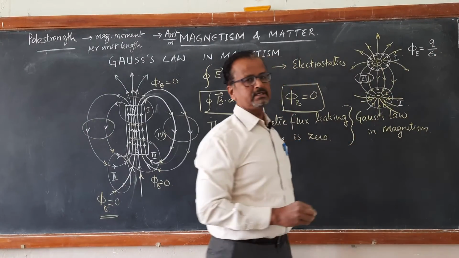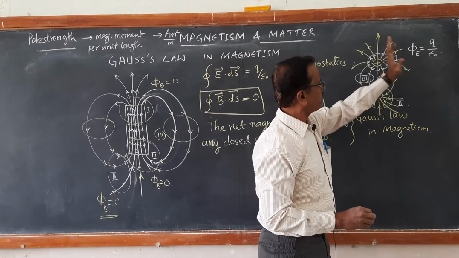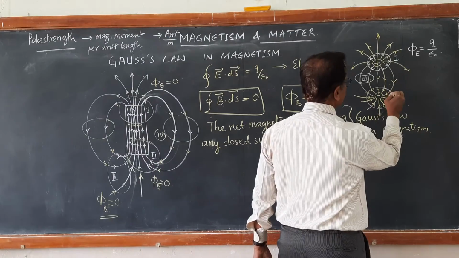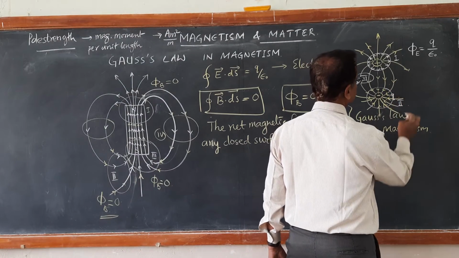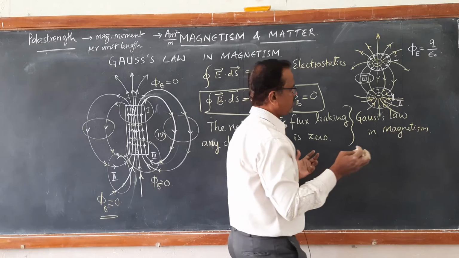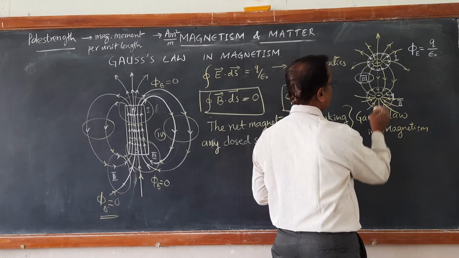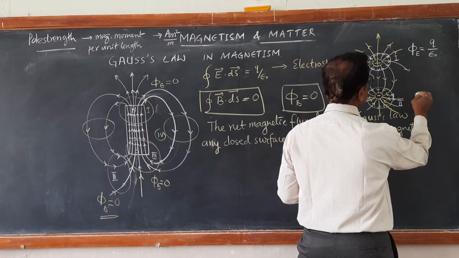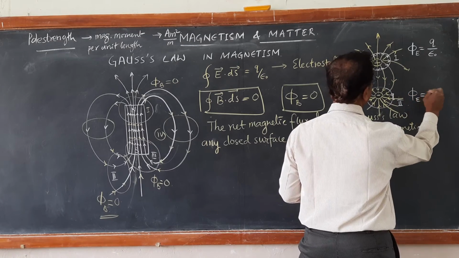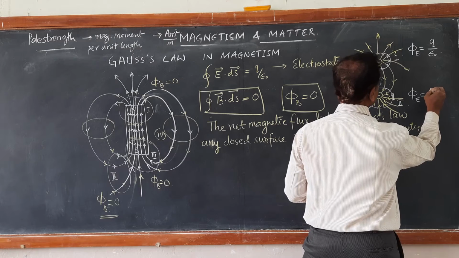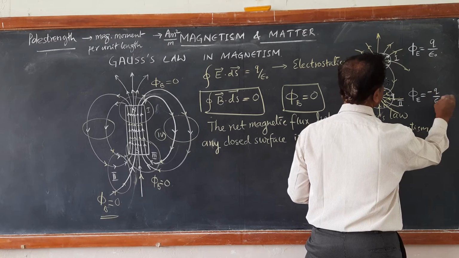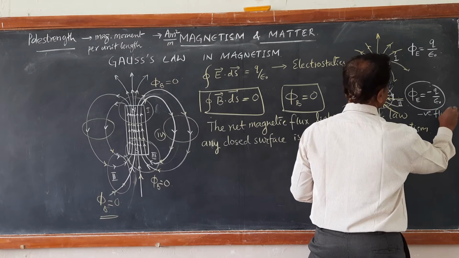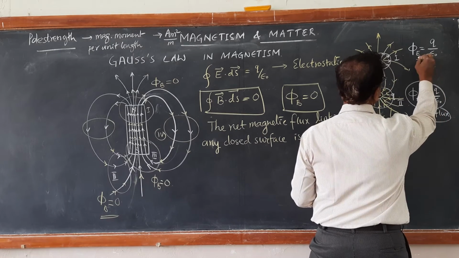The charge enclosed here is plus Q, therefore you get positive flux. Similarly, for the second region, the charge enclosed is minus Q, and therefore you get negative flux. All the electric field lines are converging at the negative charge. Therefore, for this second region we get minus Q upon epsilon naught. This gives you negative flux and this gives you positive flux.